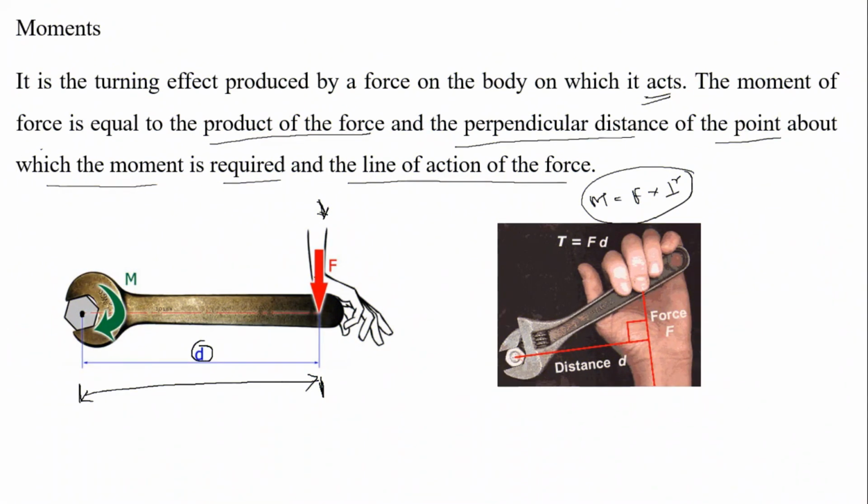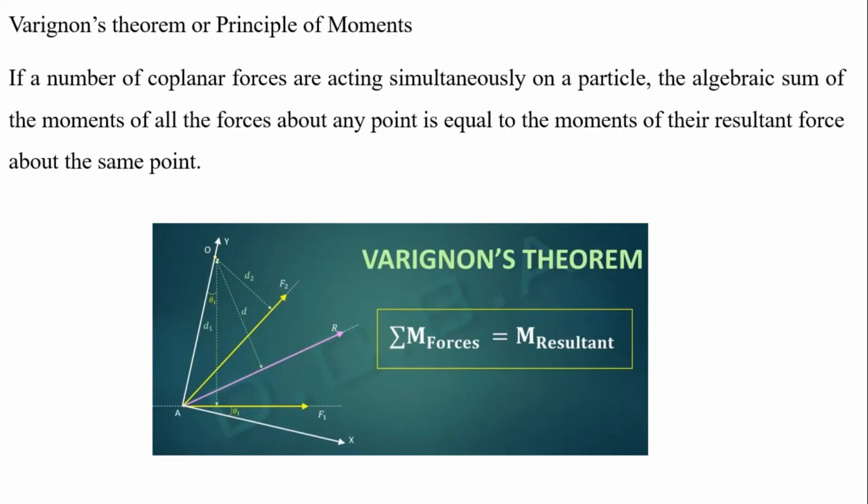Okay, and if sometimes the force is applied at an inclined angle, then we have to draw the line and take the perpendicular distance from the point where we take the moment. This is Varignon's theorem, or the principle of moments.